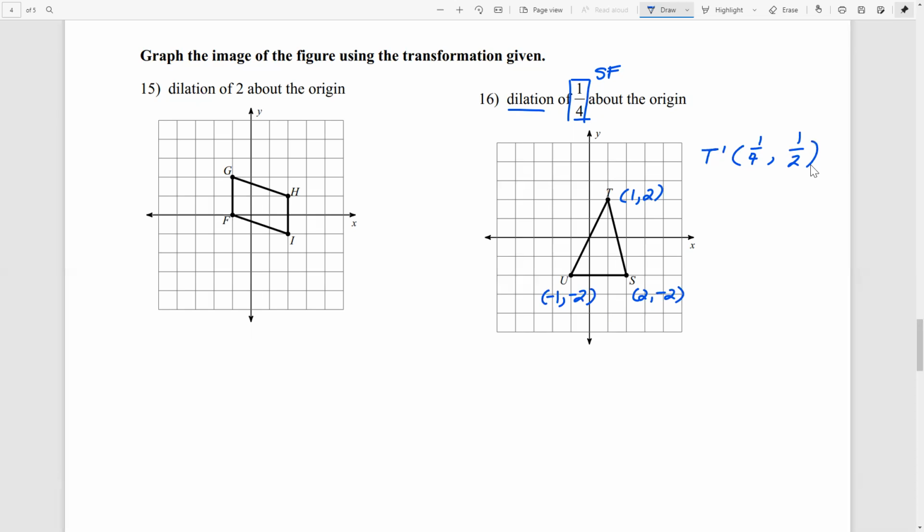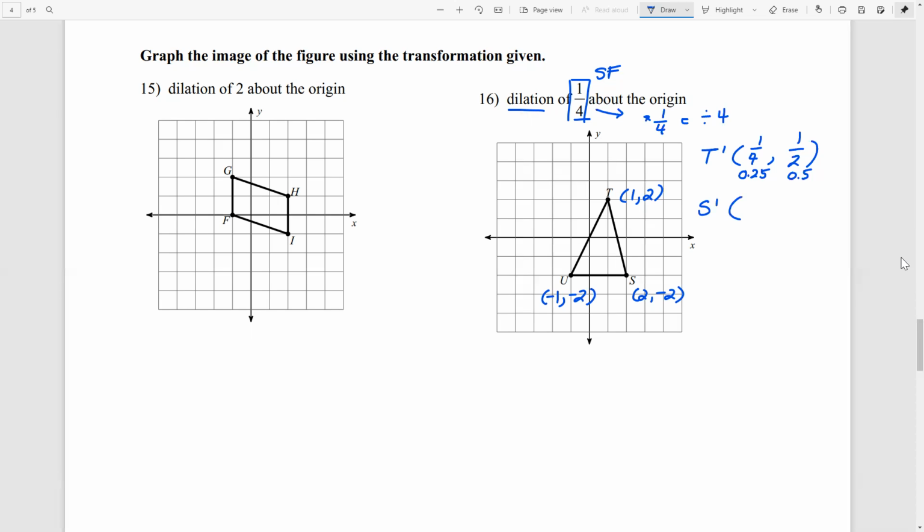Okay. You can do this in fractions, or you can do it as a decimal. Note that multiplying by 1/4 is the same thing as dividing by 4. So if that's easier to do in decimal form, you can definitely do that. It will end up being as a 0.25 and a 0.5, just so that you know both versions.